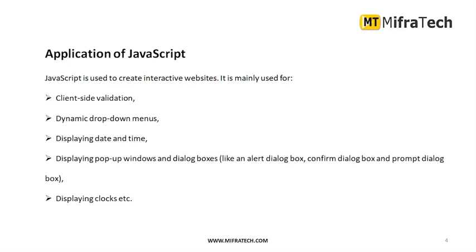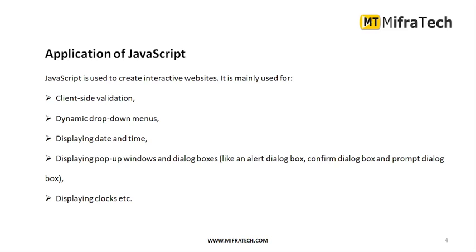Applications of JavaScript. JavaScript is used to create interactive websites. It is a better way to be creative, and it is mainly used for client-side validation, dynamic drop-down menus, displaying date and time, displaying pop-up windows and dialog boxes like the alert dialog box, confirm dialog box and prompt dialog box.